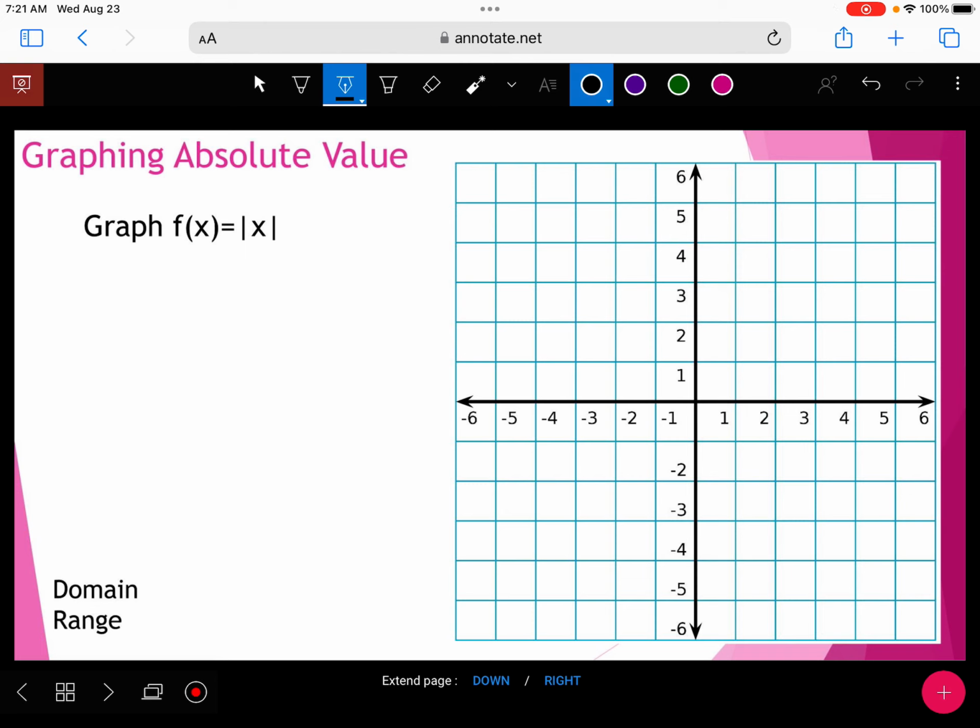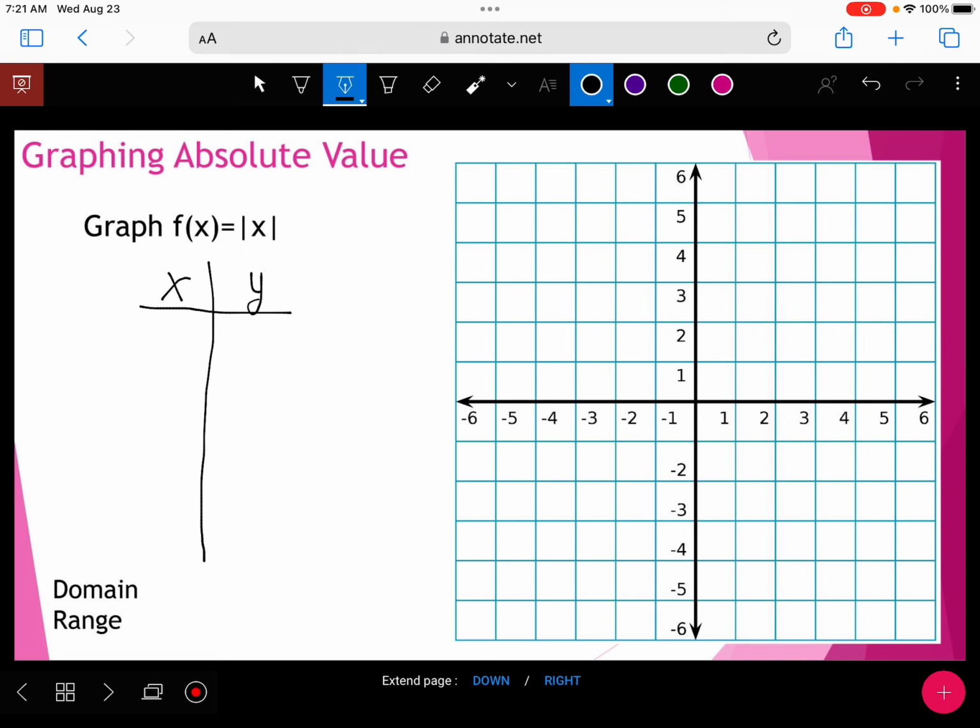And what we're going to do is very much like how we did some of our pieces yesterday, where we pick x's to find y's. Since this is not a y equals mx plus b kind of guy, we need to have at least 5 points.